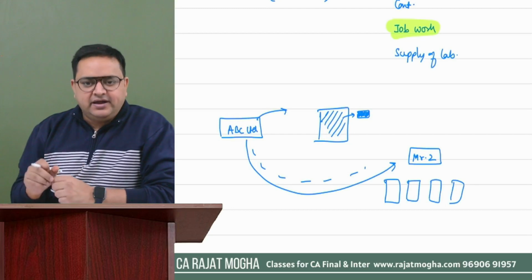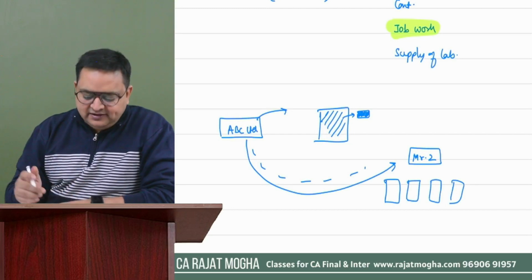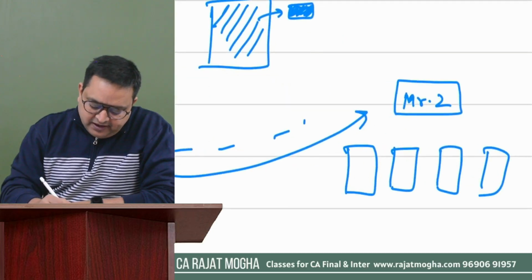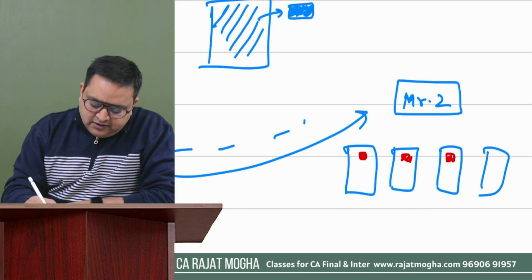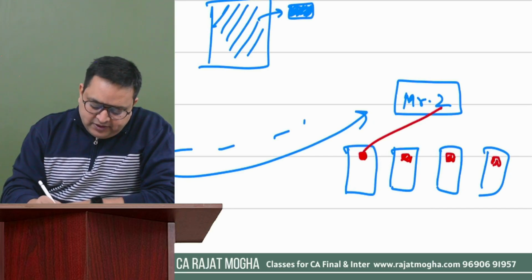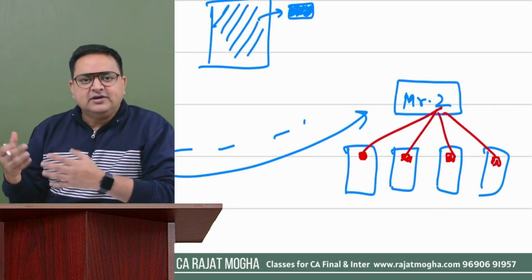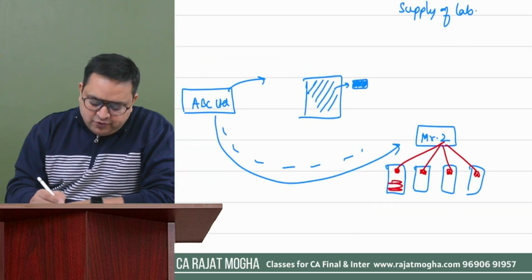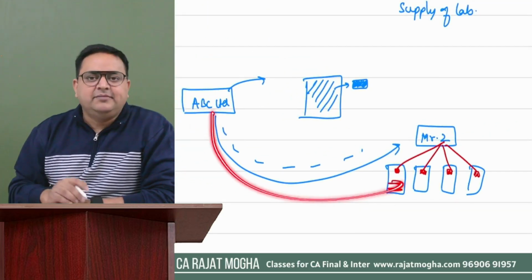Mr. Z has to just print the logo on these diaries or calendars, right? So here, what is Mr. Z doing? Mr. Z is doing a job work. This material is supplied by whom? This material is supplied by ABC Limited.